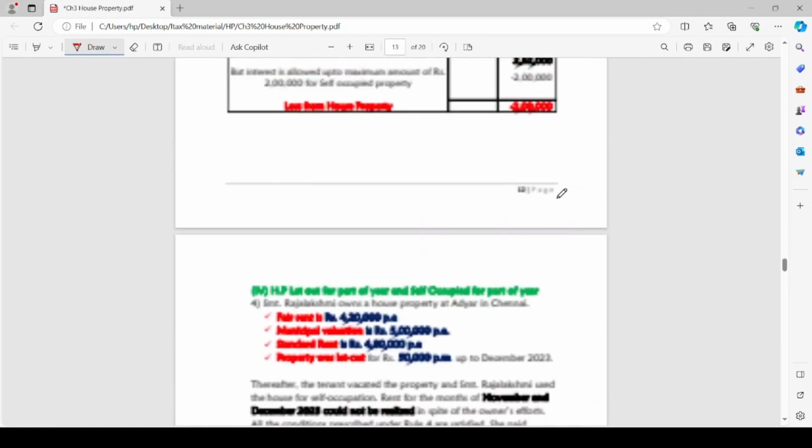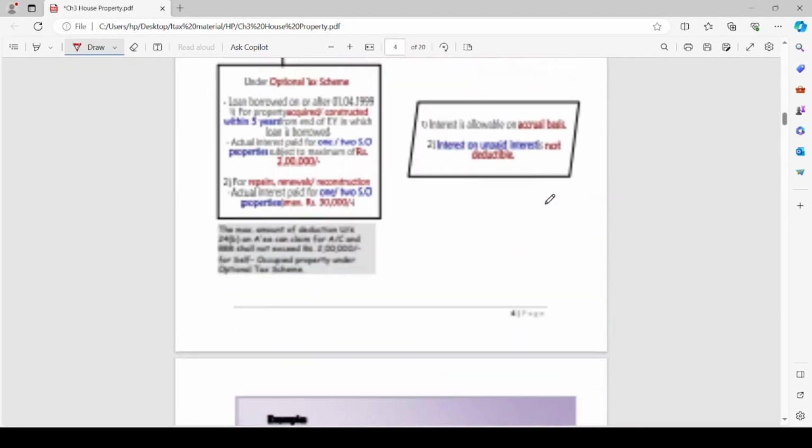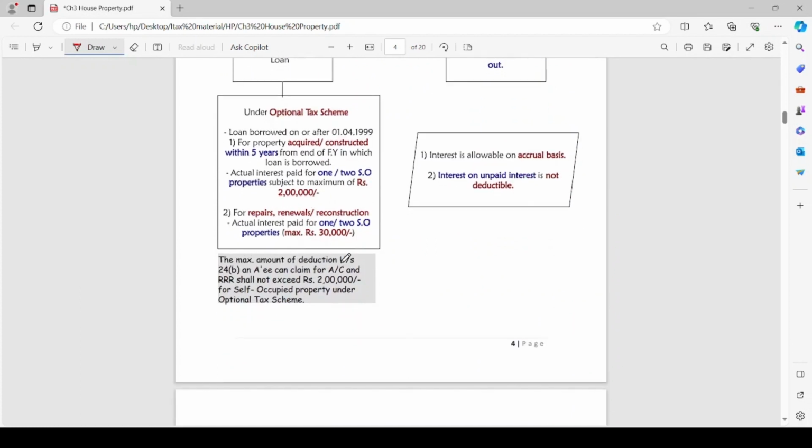Here I have added one more point. For the self-occupied property under the optional tax scheme, the maximum amount of deduction under section 24B an assessee can claim for acquisition, construction and repair, renewal, reconstruction shall not exceed rupees 2 lakh.